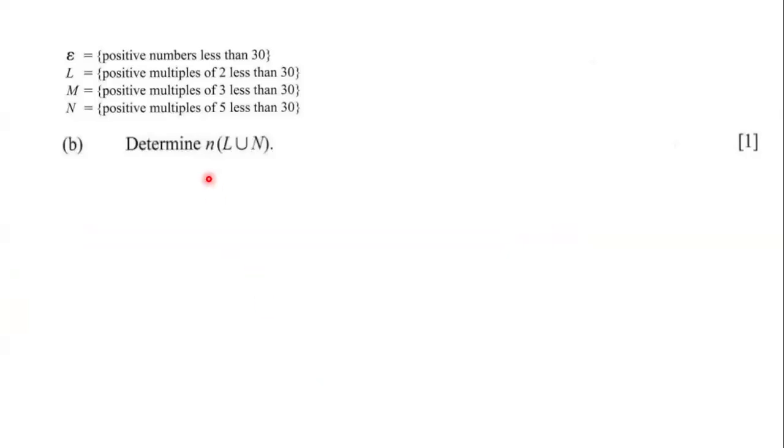Next, we need to determine the number of elements in L union N. But even before we figure that out, let's figure out what the elements of L union N are.